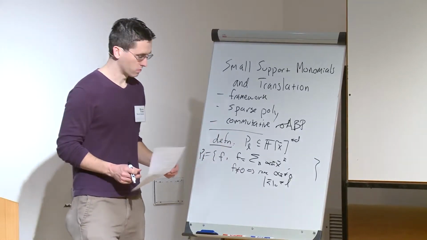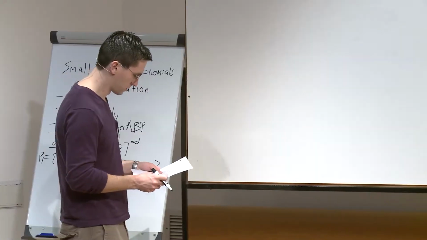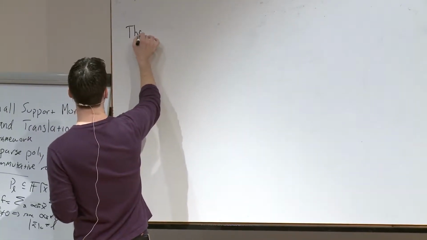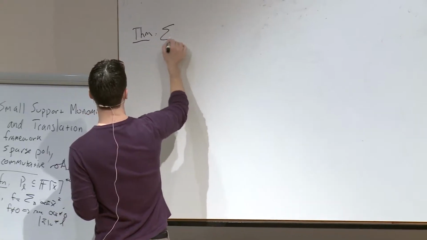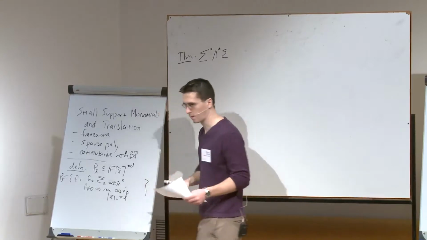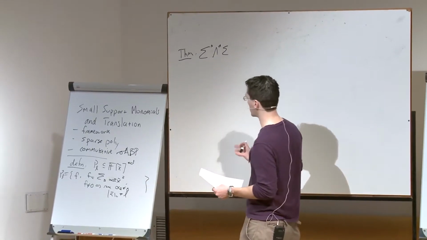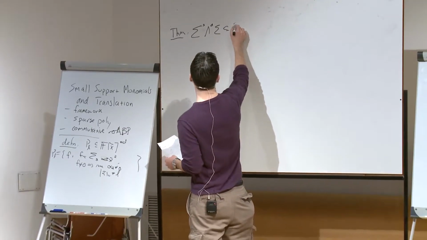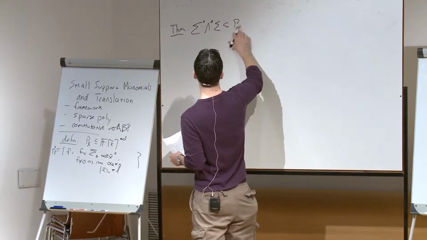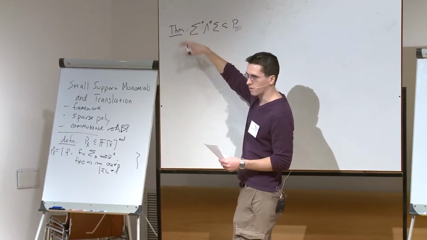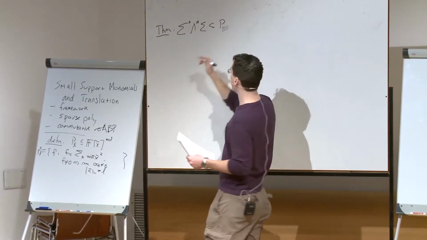Okay, so to remind you what happened yesterday, there was this theorem that said the following. Suppose that you have one of these depth four things. The definition is not important right now, but what we proved is that these expressions, if they're non-zero, always have a small support monomial. And what was the support?